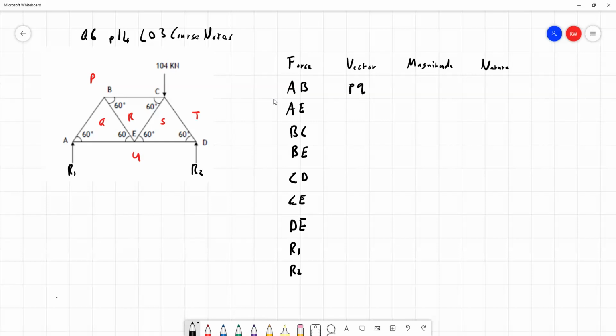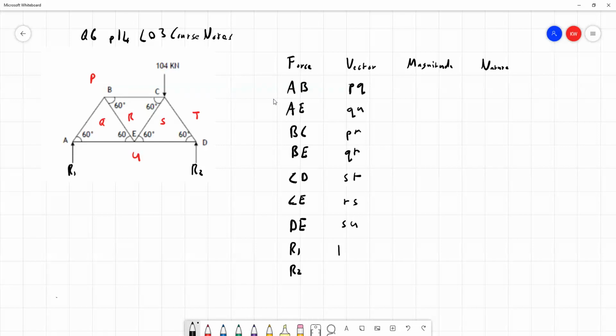AB will be vector PQ, AE will be vector QU, BC will be vector PR, BE will be vector QR, CD will be vector ST, CE will be vector RS, DE will be vector SU, and we also have vectors to represent the reactive forces as well.